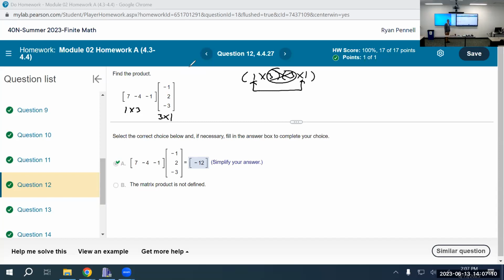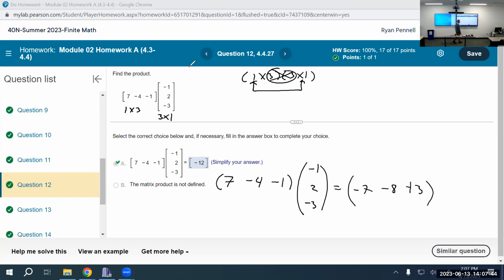So we have 7, -4, -1 and 1, 2, -3. You go row by column: 7, -8, +3, and that's -12. Single number out, just because of the dimensions.